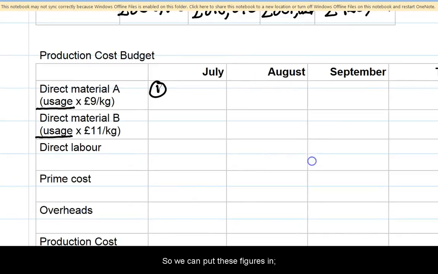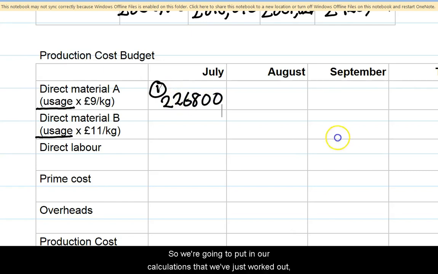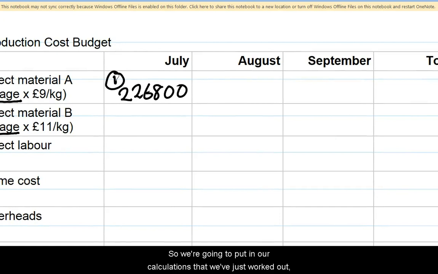So we can put these figures in. You will have workings for all of these figures, for material A and material B. So we're going to put in our calculations that we've just worked out.